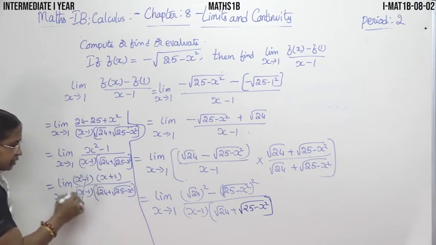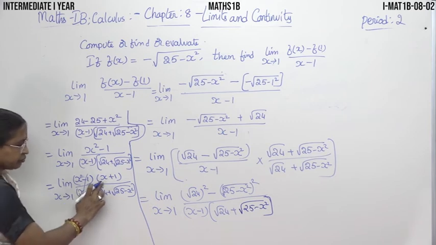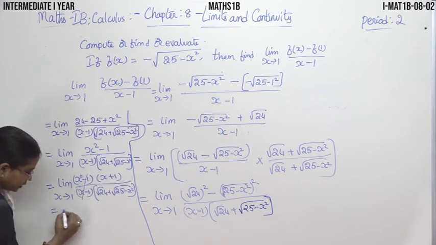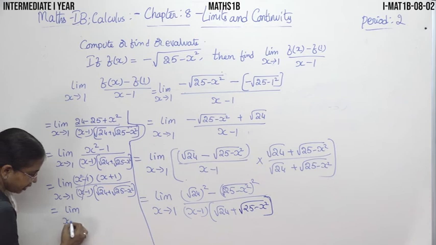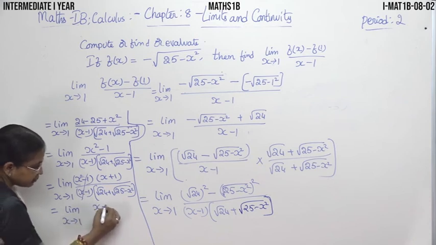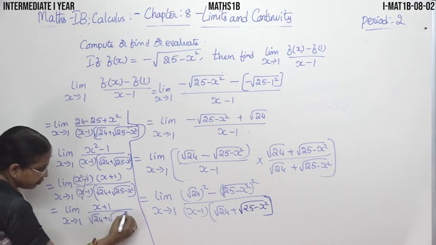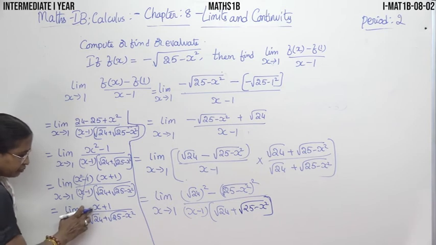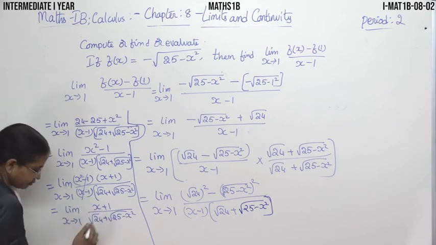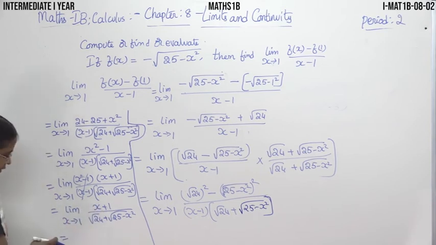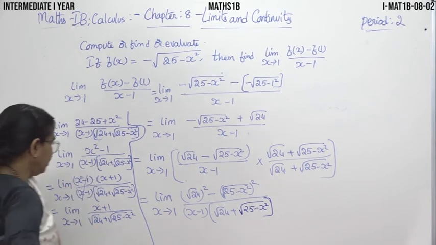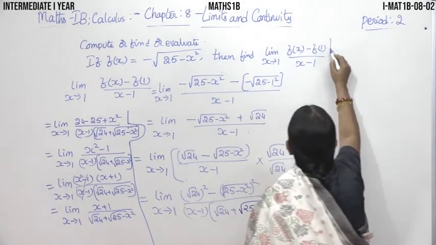So x minus 1 gets cancelled. Now you can substitute 1, and it is limit x tending to 1 of (x plus 1) by (root 24 plus root of 25 minus x square). Now when I substitute 1 here, I'll get 1 plus 1, that is 2. So it is equal to, I'll write there.